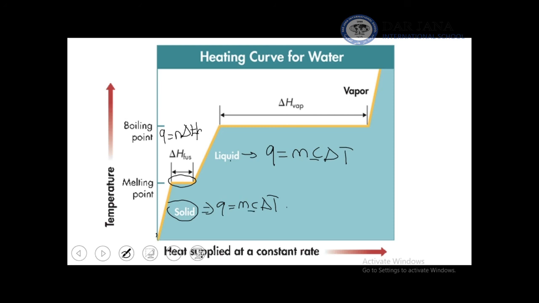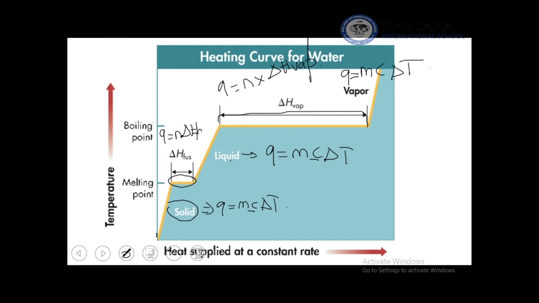Now, when the liquid reaches the boiling point, for the liquid to vaporize, the amount of energy to change from a liquid at the boiling point to a gas at the boiling point is Q equals the number of moles times delta H vaporization. And finally, if the temperature of the vapor increases above the boiling point, the amount of energy absorbed after that equals mc delta T again.